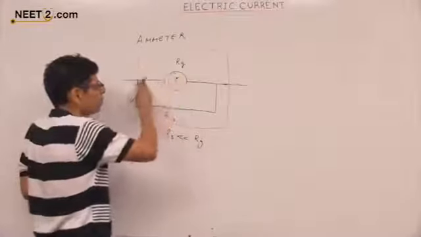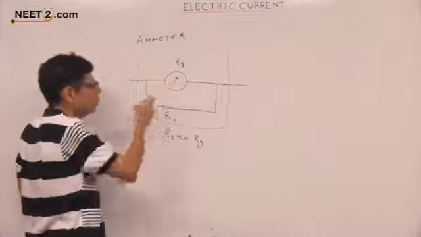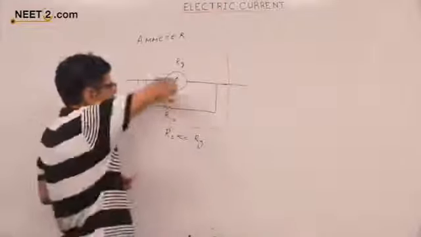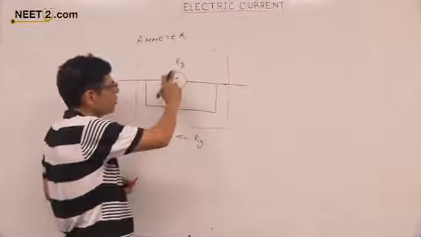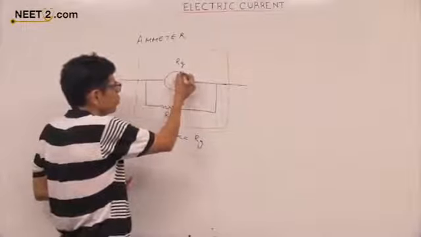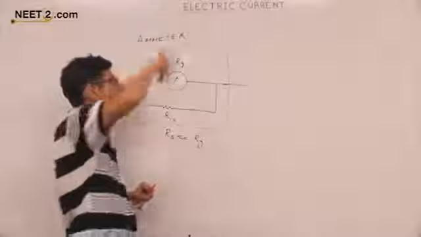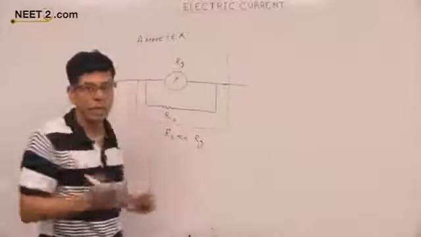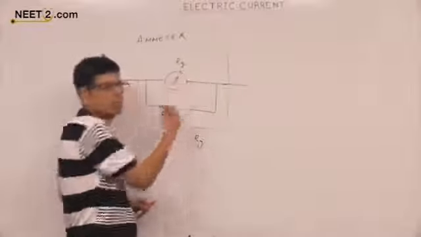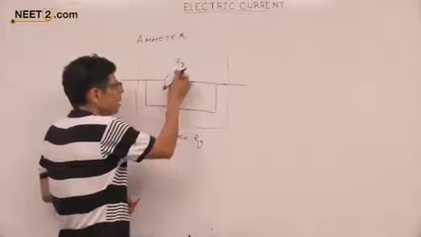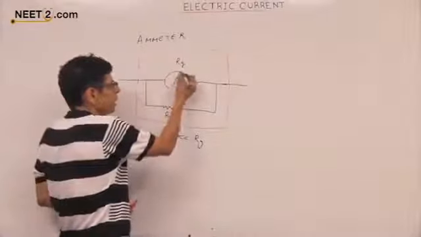So suppose out of 1 ampere, only 1 milliampere goes through this. So the 1 milliampere working on the galvanometer makes it swing to the place where the galvanometer, in its earlier avatar, had 1 milliampere written. I remove that and I write 1 ampere.